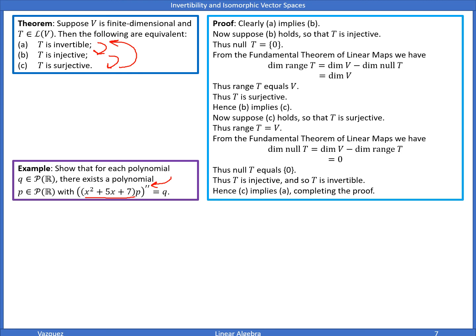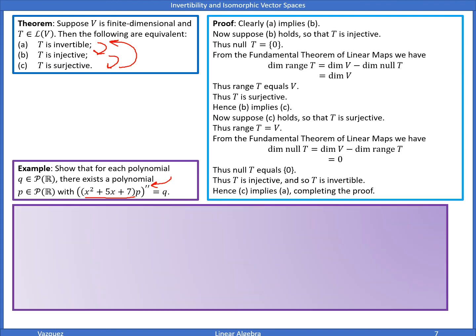So how do we show this? This example is a lot easier to show with linear algebra, and especially using this theorem.